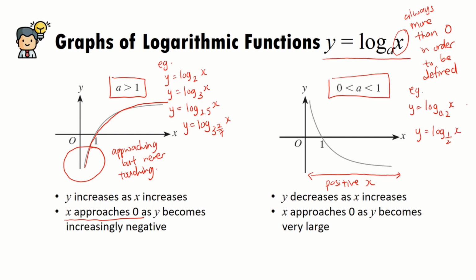These are some examples of logarithmic functions that will give you this shape over here. With this shape, y decreases as x increases. I also want you to take note that over here, x approaches 0 as y becomes very large, meaning it is approaching the y-axis but never touching it. So it is a similar idea to your exponential function as well.